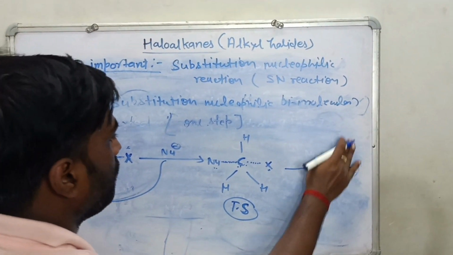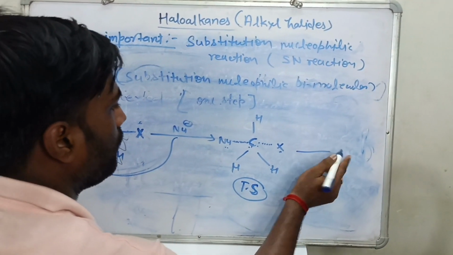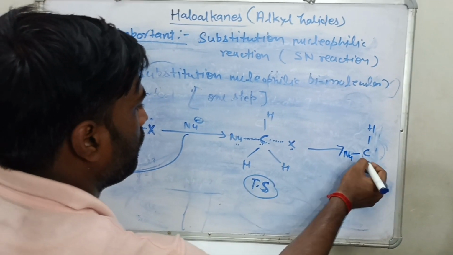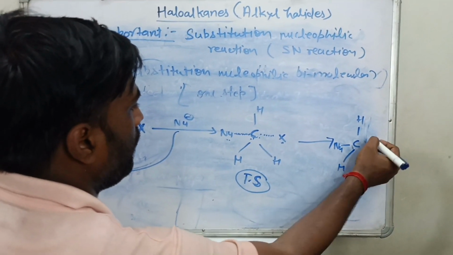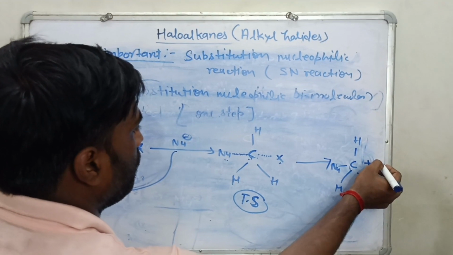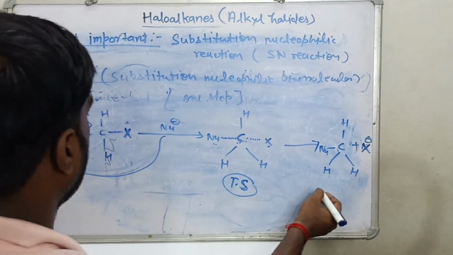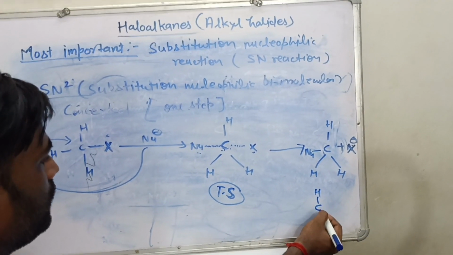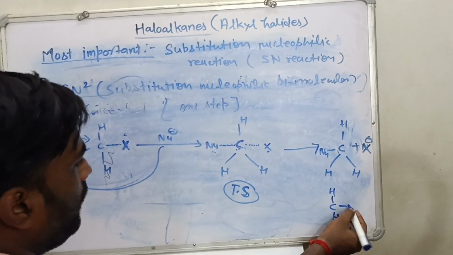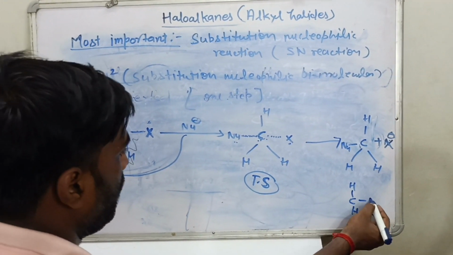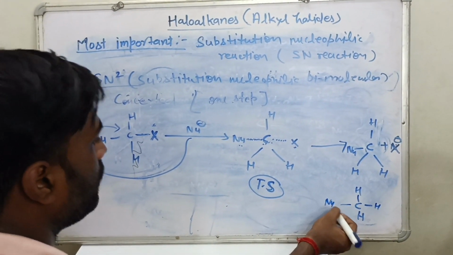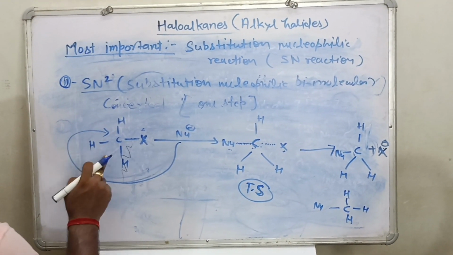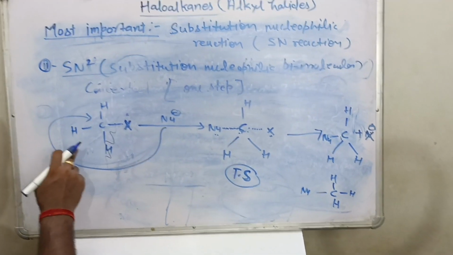Further, this nucleophile is attached from the back side, and the halogen atom will be removed. For the back side we can draw it similarly, CH3, H and Nu. In this concerted mechanism, there is a 99% chance that back side attack is possible.